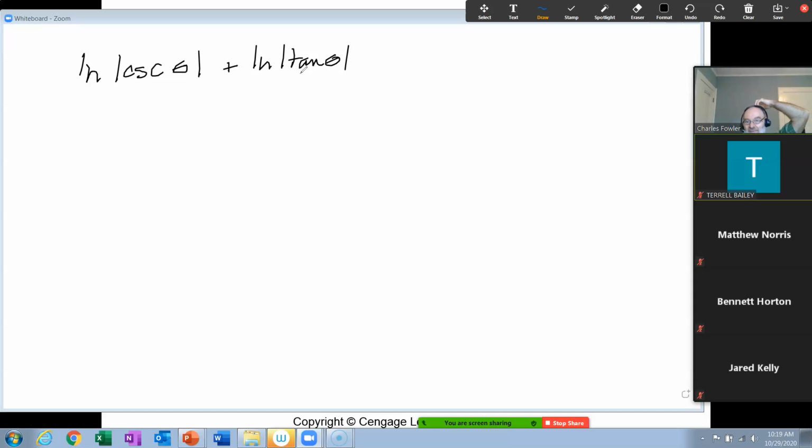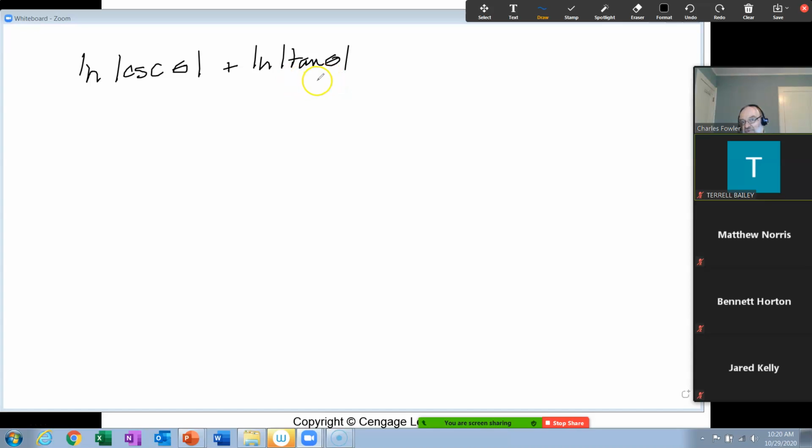Hopefully it's back now. So in this case, theta has to be greater than 0, but tangent is not defined for theta equal pi halves, so I'm going to say theta here has to be between 0 and pi halves.